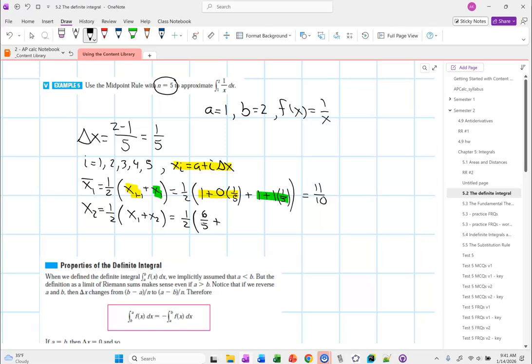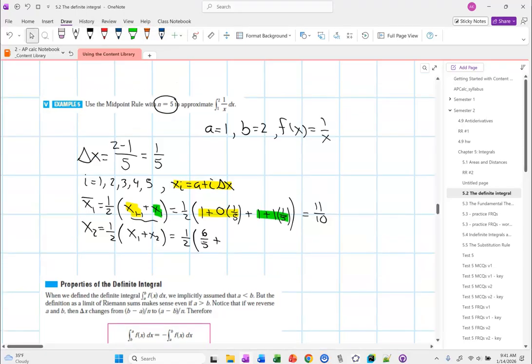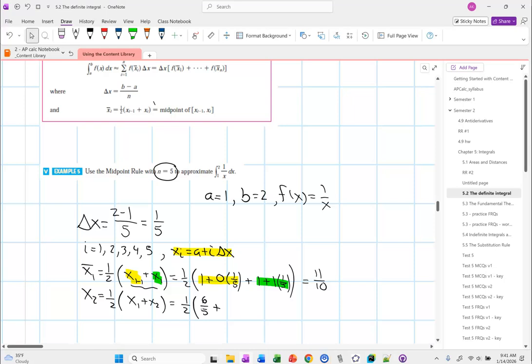To get x_1, I did a plus 1 times delta x. That's the definition of the midpoint rule.